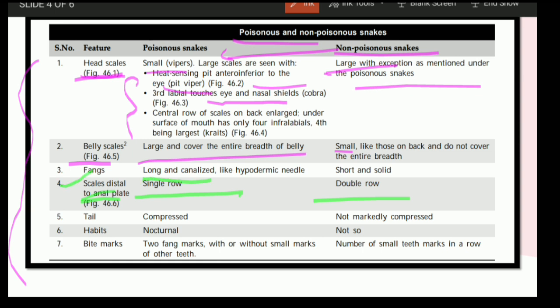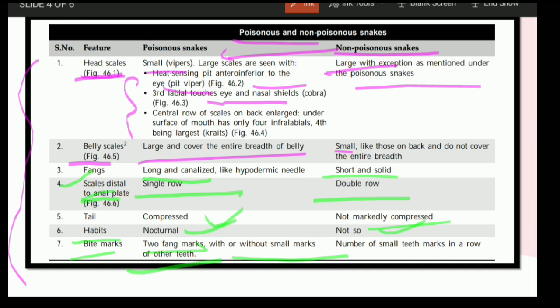The fangs are long and canalized, whereas in the case of a non-poisonous snake, they are short as well as solid. The tail might be compressed, and it is not markedly compressed in the case of a non-poisonous snake. Then habitat: they are nocturnal, and the non-poisonous ones are not so. Then bite marks. Two fang marks are easily visible with or without small marks of other teeth.